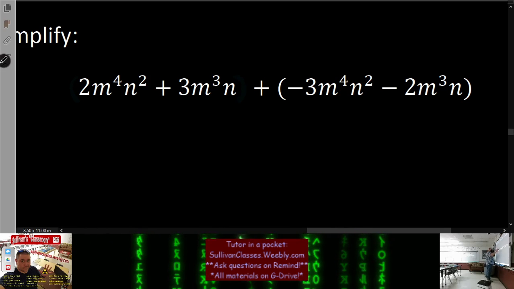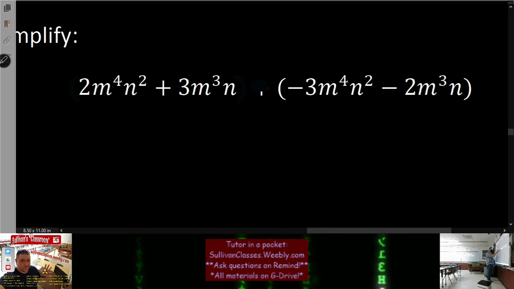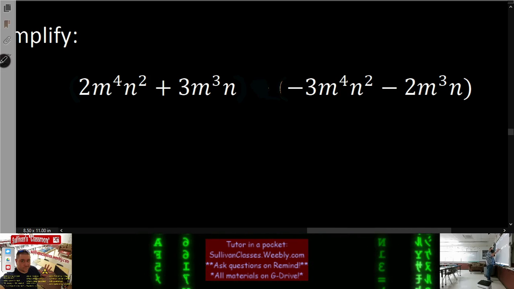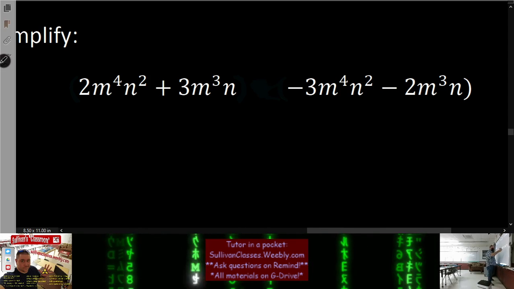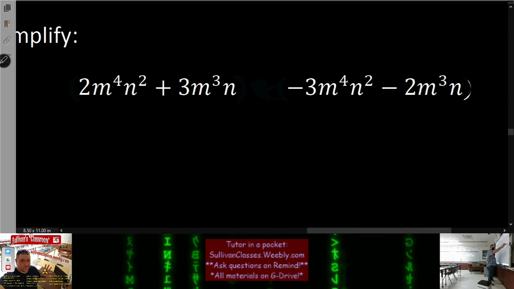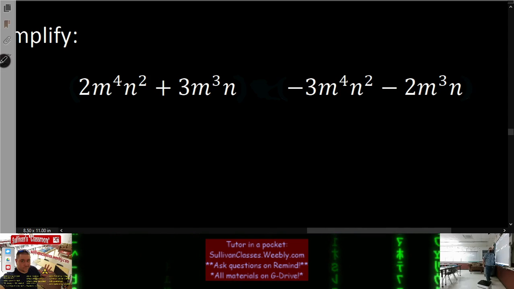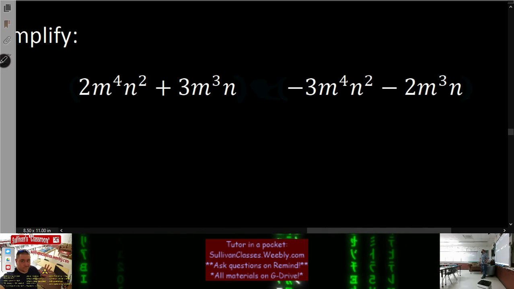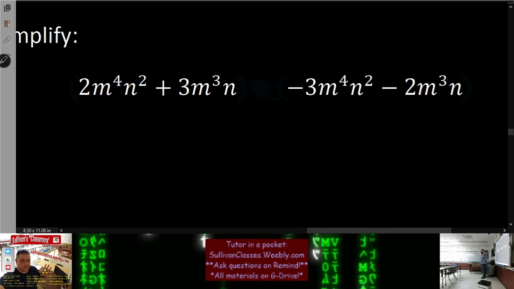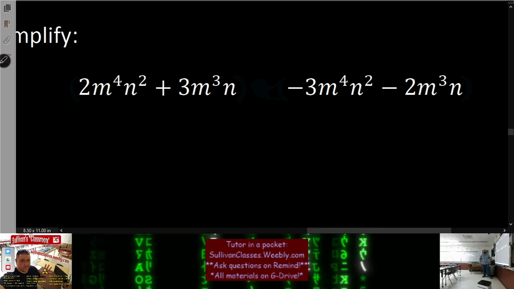When I add a negative, it really is just subtract the thing, right? When you add a negative 3m something, it's just that thing. I only have to worry about subtracting every one of the terms if there is a subtraction sign between them. There wasn't.